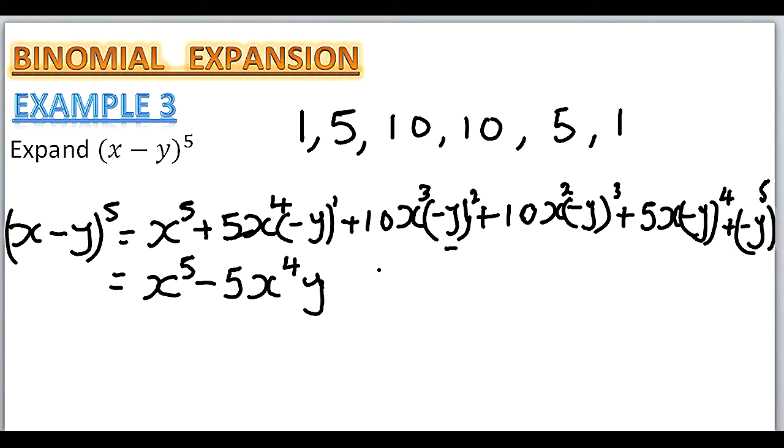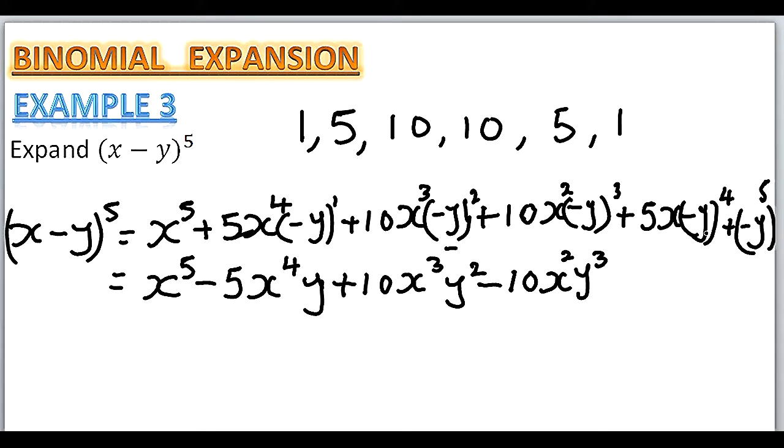So when you square minus y, you get positive. So we have plus 10 x to power 3, and we have y squared. This is y cubed. So when you cube minus y, you end up with minus y cubed. So our term will be minus 10 x squared y cubed.